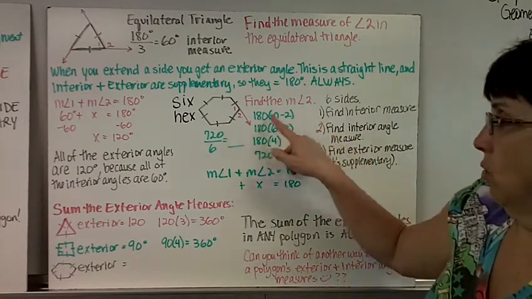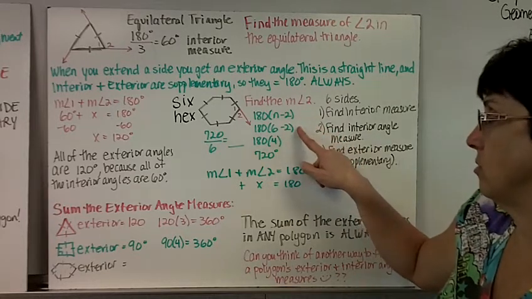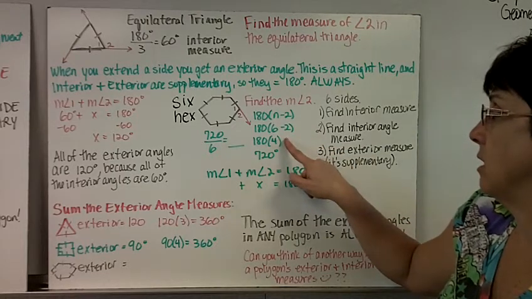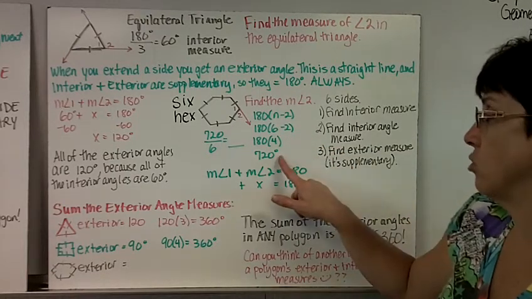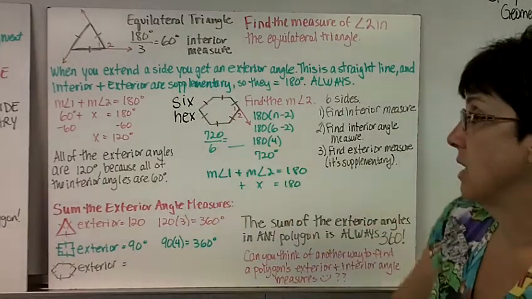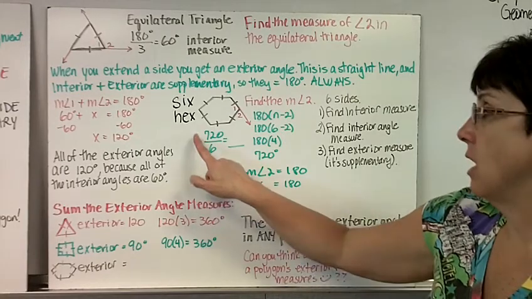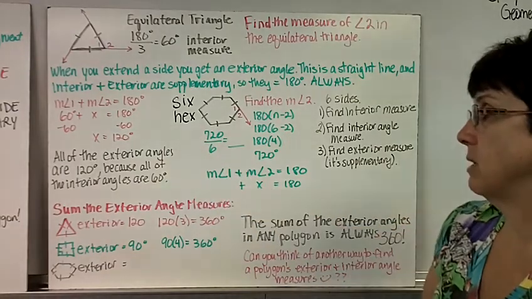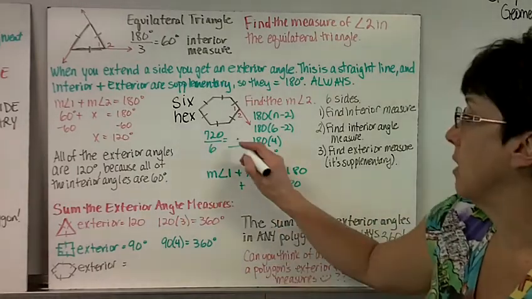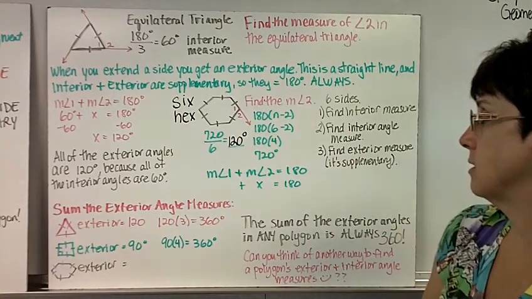So 180 times the quantity n minus 2, 6 minus 2 because there's 6 sides, 180 times 4 is 720. So there's 720 degrees total inside of a hexagon. And now to find the individual degrees, I do 720 divided by 6. Well, you know that 6 goes into 72 12 times, then you can just add the 0. So it will be 120 degrees.